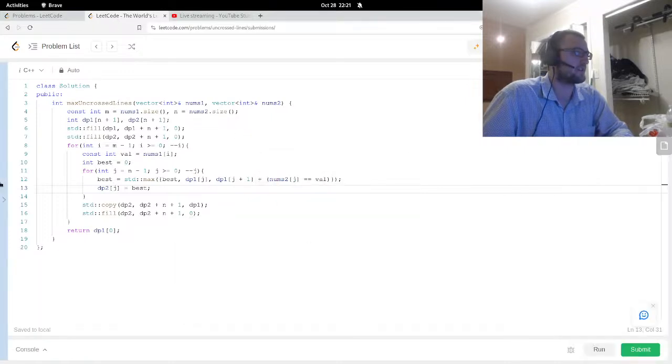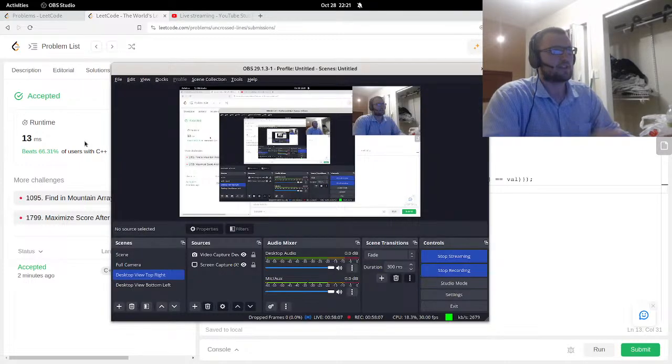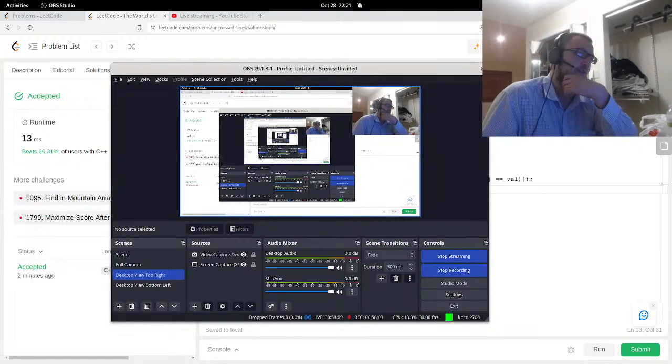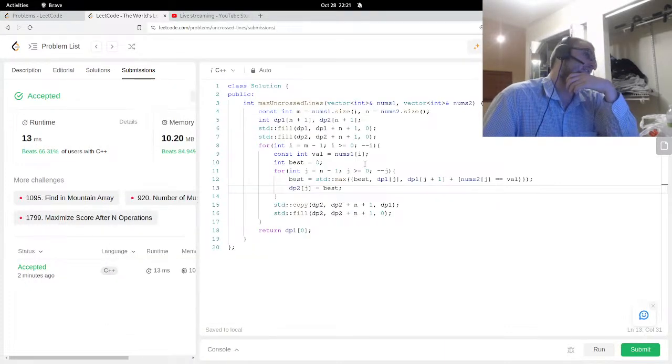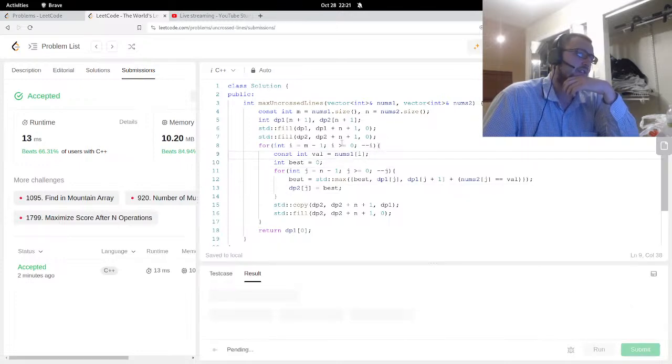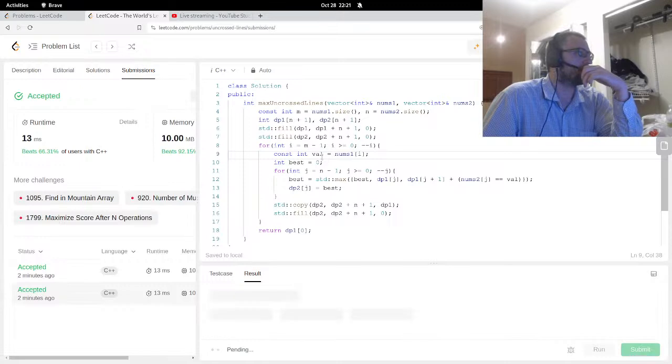Oh, looks like I got it. Sweet, not bad. Okay, that wasn't terrible. I mean, it took like an hour to figure that one out too. It took a while. I'm not sure what else I have to say about it other than it's a space efficient DP algorithm. It's reasonable. Let's submit it like 5 times total.